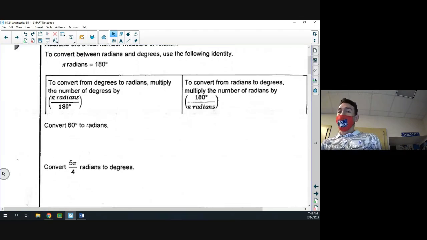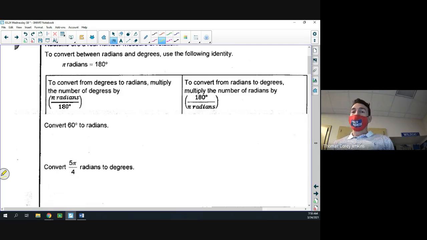So before we see what that means visually, we're going to practice some conversions from degrees to radians and vice versa. They just give us a conversion factor to go each way. So in the first one, we want to go from degrees to radians.